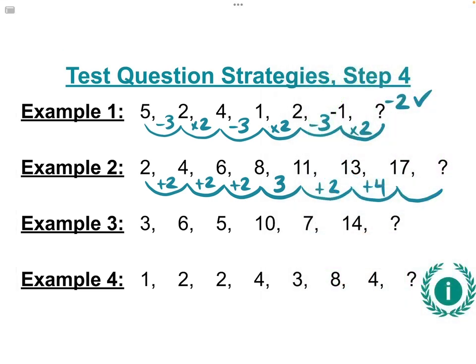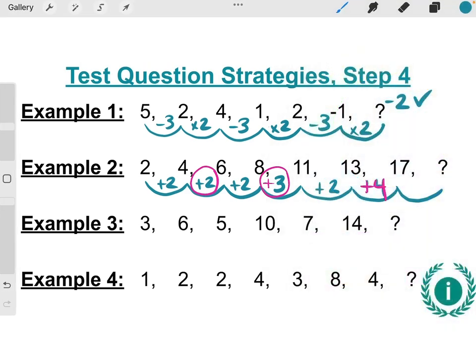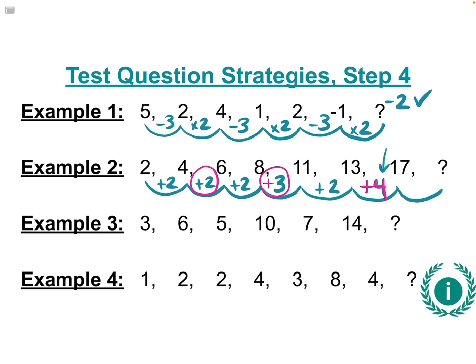The gradual change one is +2, +3, +4, and then our arithmetic pattern is just +2 every single time. So if we ended on our gradual change, then we are going to go back to our arithmetic pattern, our +2. So we need to have 17 + 2, which would give us 19, the next number in that series.